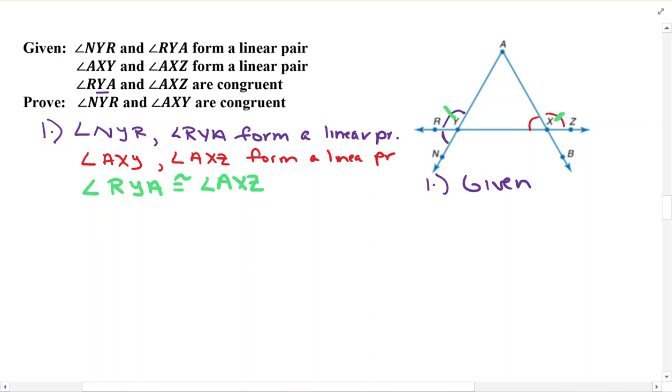We want to prove that NYR, so this one here, is congruent to AXY, this one here. So since angle NYR and angle RYA form a linear pair, we know that angle NYR and angle RYA are supplementary.